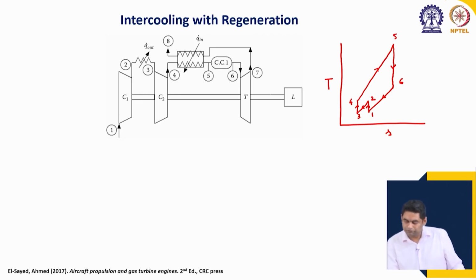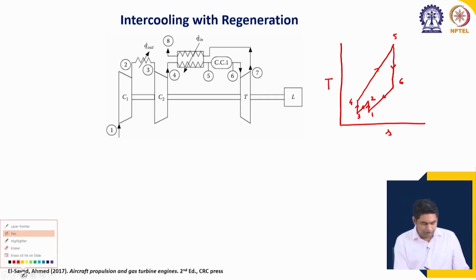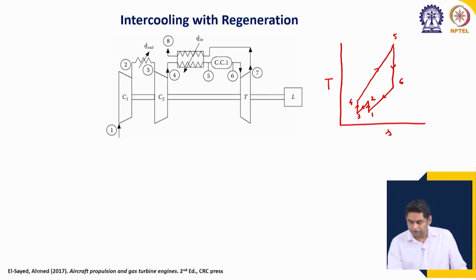Now, what we have seen is that if we had not used any intercooling, then for the same design parameters the compressor outlet temperature would have been much higher. It would have been 4 dash, but because of addition of the intercooler, the compressor outlet temperature is considerably lower.